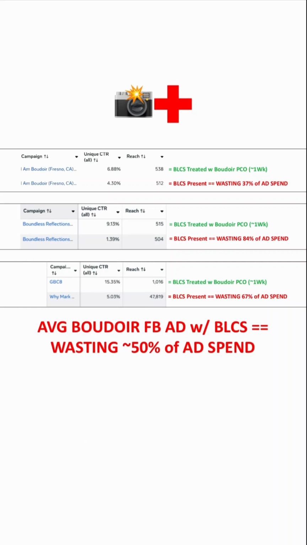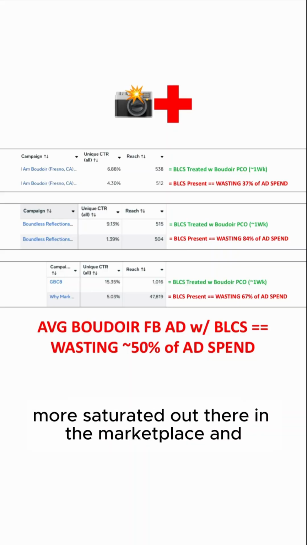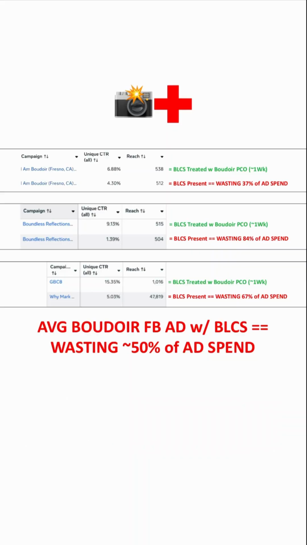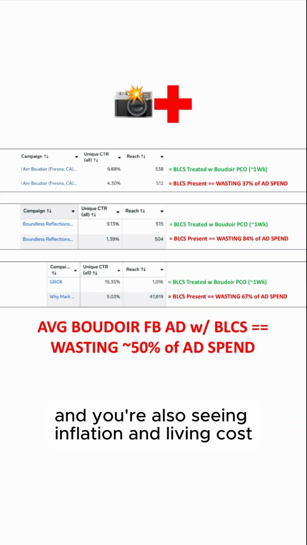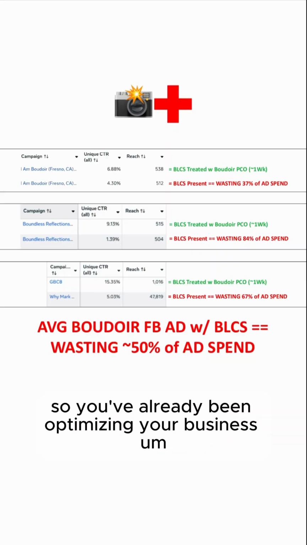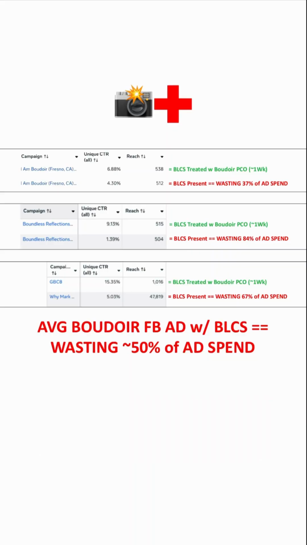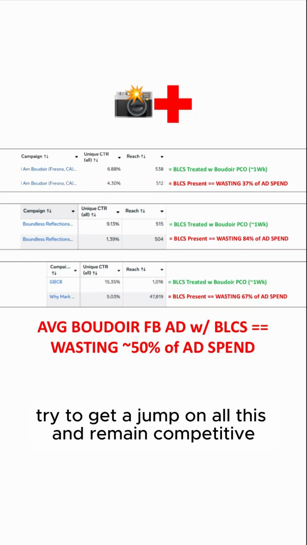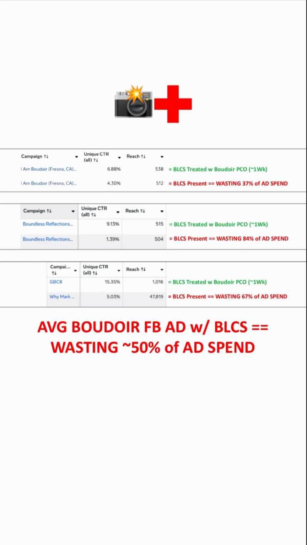So it's basically more competition for the same number of buyers. So it's getting more competitive, more saturated out there in the marketplace, and you're also seeing inflation and cost of living, taking that into account. So you've already been optimizing your business, trying to pull out more profit for ideally less input, less work. Try to get a jump on all this and remain competitive.